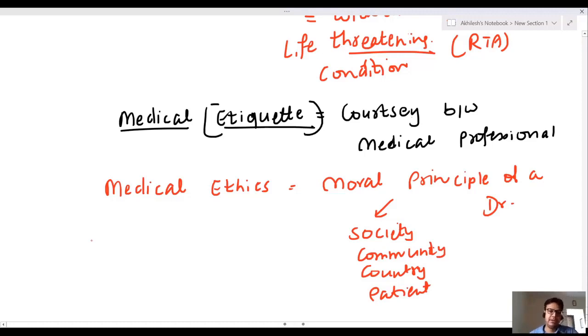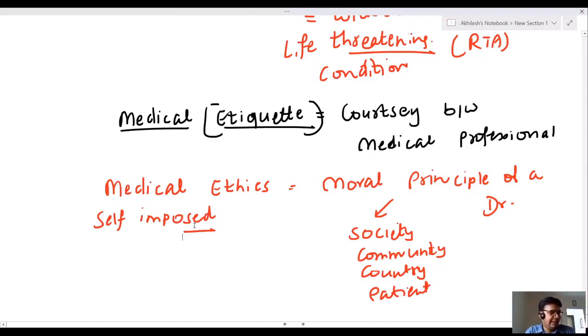And Dr. Saab, this law is self-imposed. It means, sir, whether you are morally strong or not, whether you are doing ethical things or not. That is known as medical ethics.